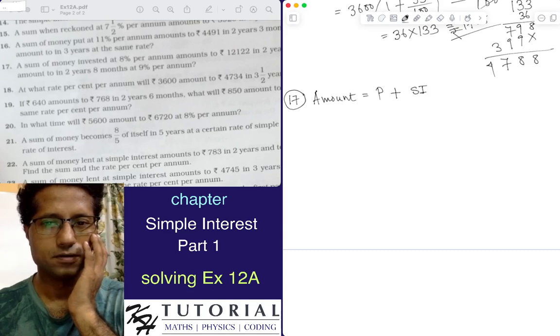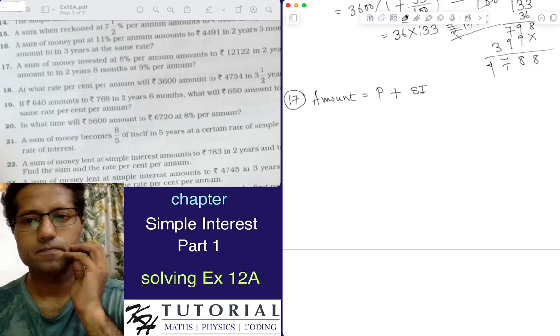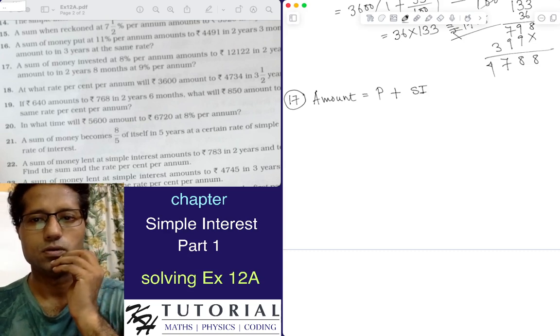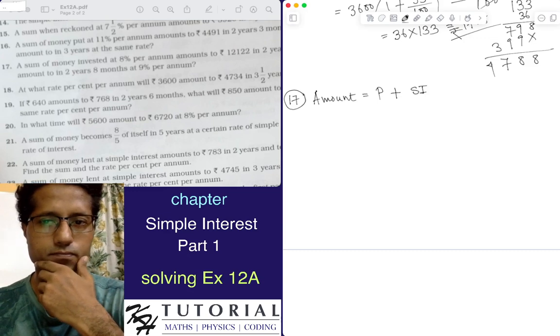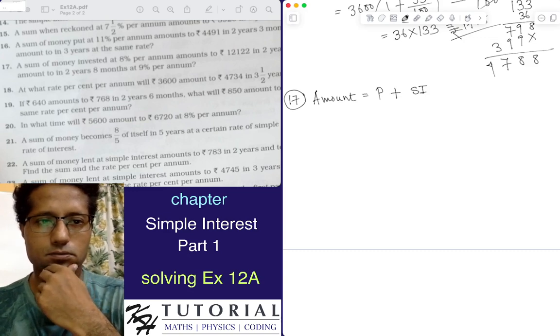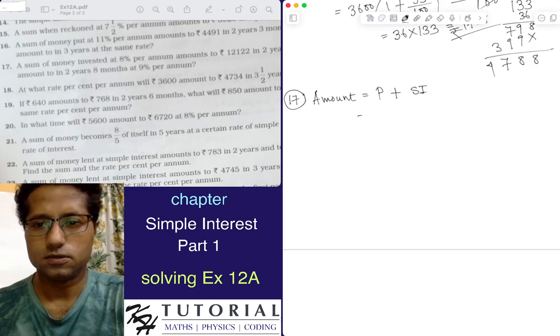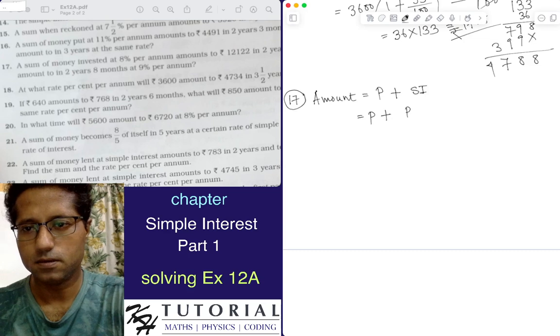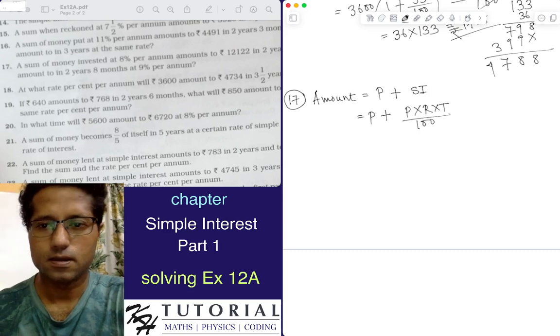Now this is P plus the simple interest, which will be P into R into T by 100.